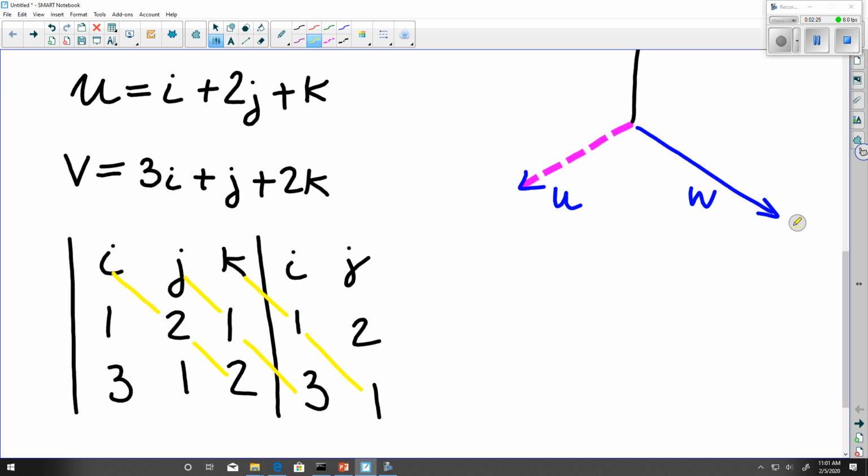So I'm multiplying and adding. 2 times 2 is 4i. Don't forget about the variable. 4i plus 3 times 1 times j, 3j, plus 1k plus k.